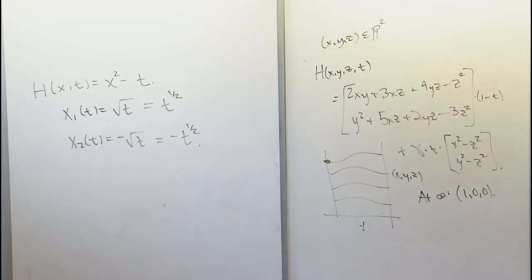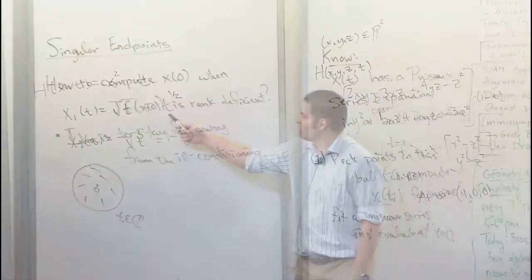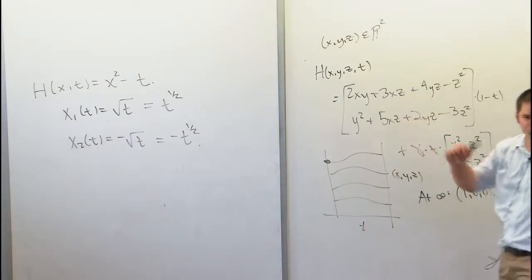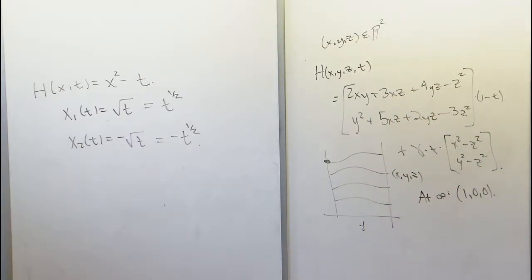And for those that don't know what Poisson series are, these are fractional Laurent series with a constant denominator. So here I have an actual power series in t to the 1/2. Good?